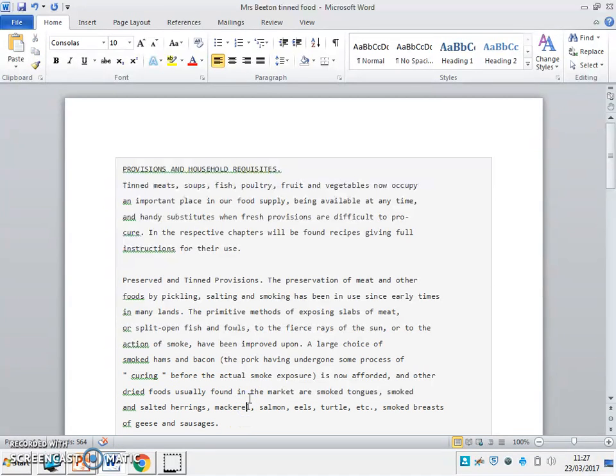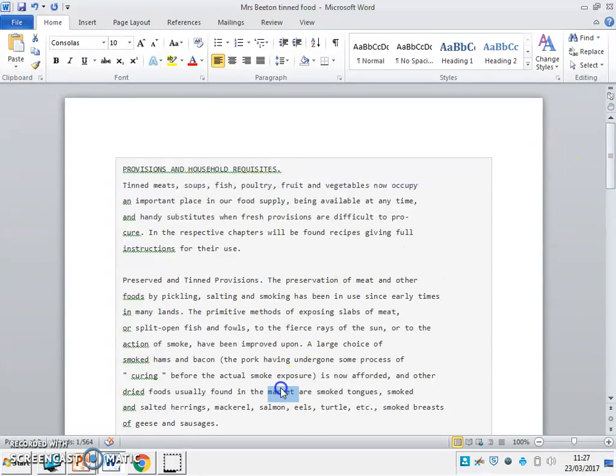So when you put that together, you're thinking, what are the key bits I need to understand? The key bits are that there's a large choice, and there's this long list, so this is the language method, a long list of different types of meat, fish and fowls. A long list of different types of food that are preserved that you can buy where?